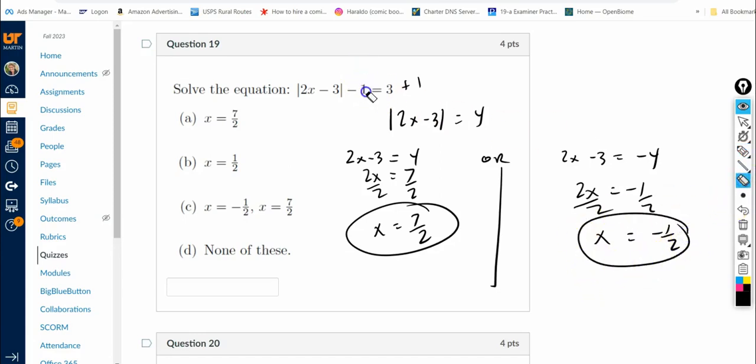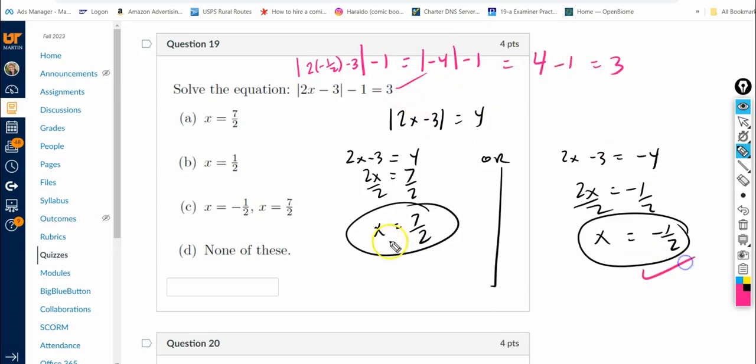And if we look at the original equation, if x is -1/2, then I have the absolute value of 2 times -1/2 minus 3 minus 1 on the left-hand side. So that's going to be -1 minus 3, which is going to be 4 minus 1, which is going to be 3. So that works.